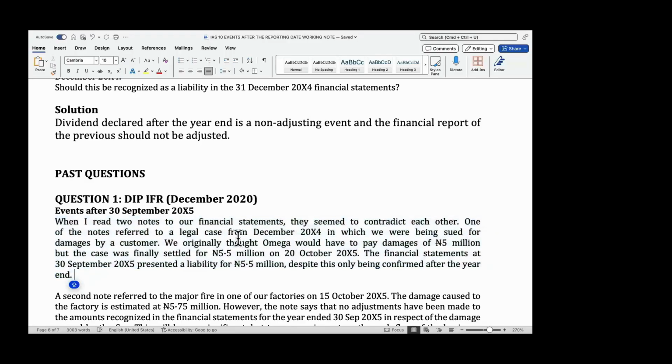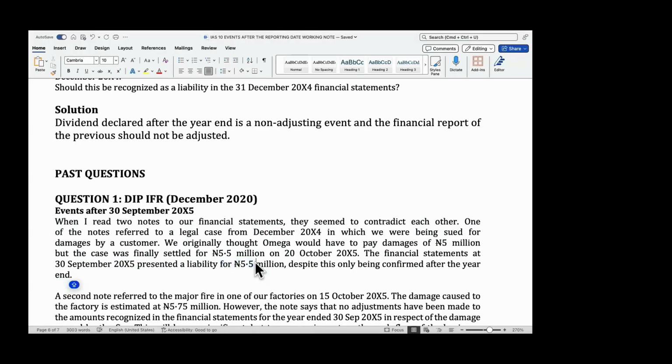Okay, yes, they are correct. Even though the company's year end is 30th September, they settled the liability for 5.5 million after the end. So the guy was surprised: why are we now putting the liability in our books at 5.5?